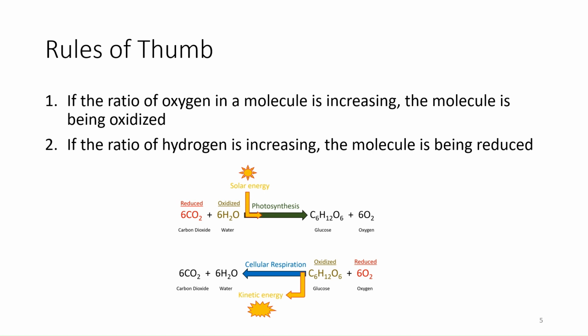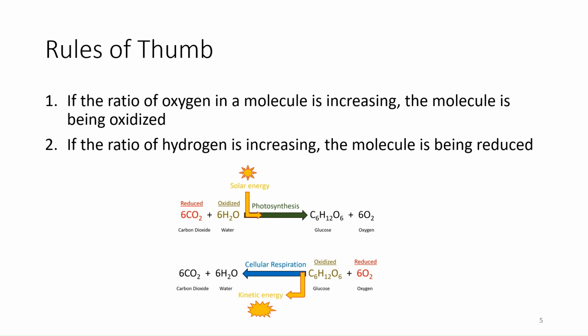And CO2 loses all of its hydrogen, and the number of oxygens is two for every one carbon. So if we look at rule number one, the ratio of oxygen increased. That would be an indication of oxidation. And rule number two, the ratio of hydrogen decreased. So instead of being reduced, we would assume here we have oxidation. So two clues that fit in nicely there.